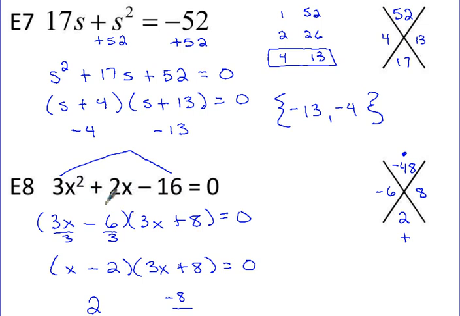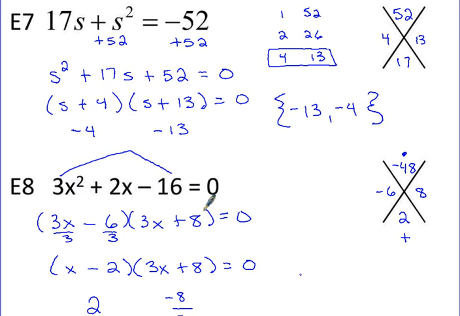So it's going to be the opposite of positive 8 is negative 8 divided by 3. You could still write out that equation. You could still solve 3x plus 8 equals 0. That is the shortcut, though. The opposite of the second number divided by whatever the coefficient is.